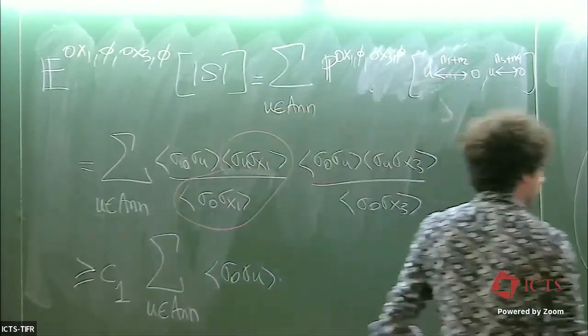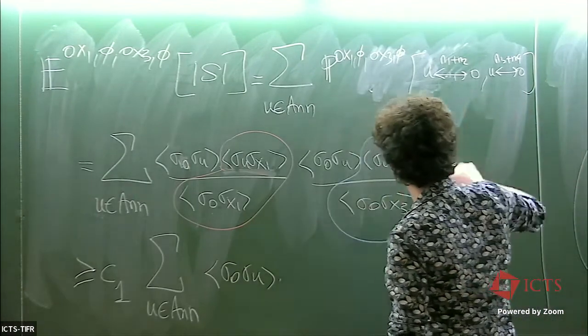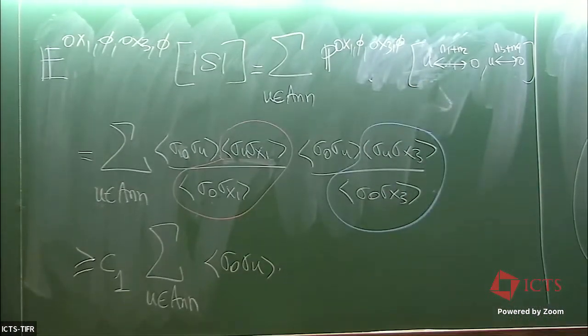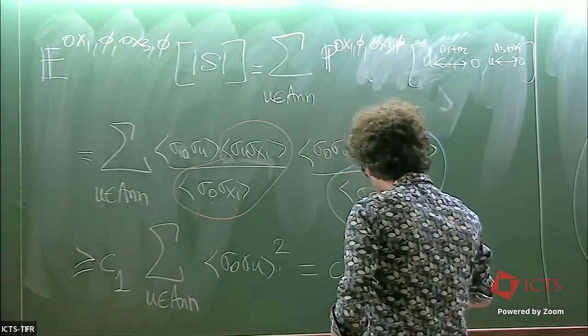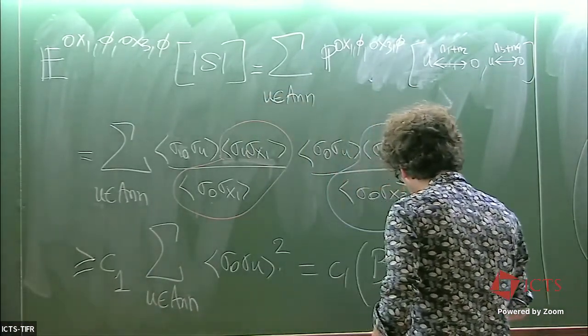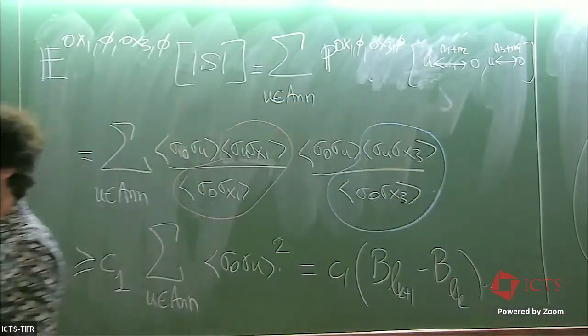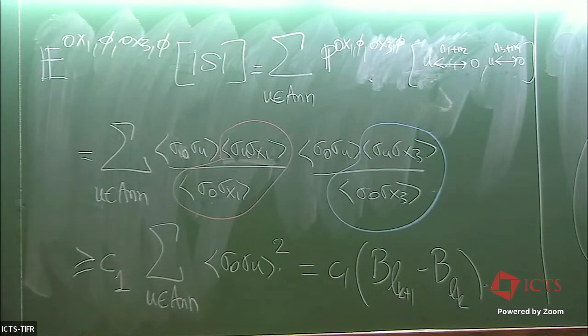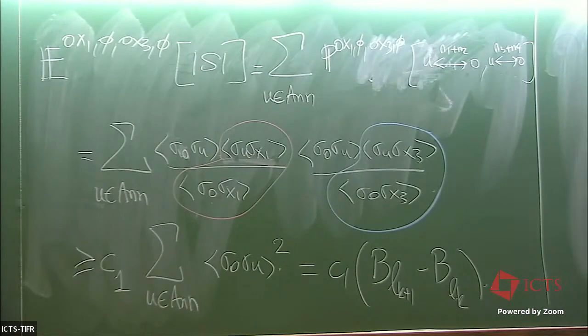And I can play the same game with these two. And what do I get? I get this, and this, if you think about it, is B(L_{k+1}) minus B(L_k). It's the sum of the squares in the annulus. So I have a lower bound on the first moment, which is of order the difference of the bubble between the two scales.